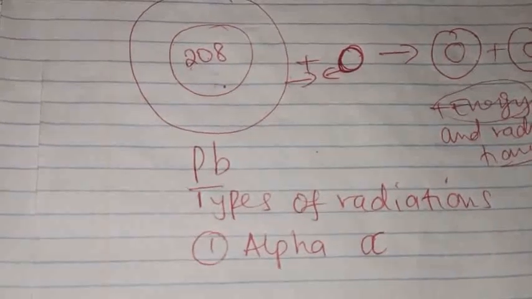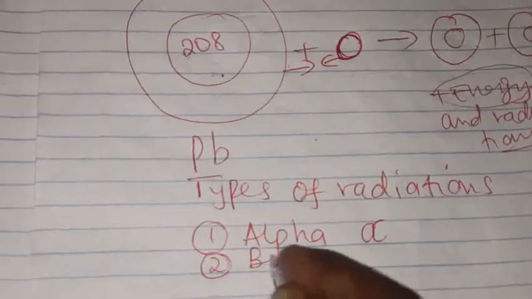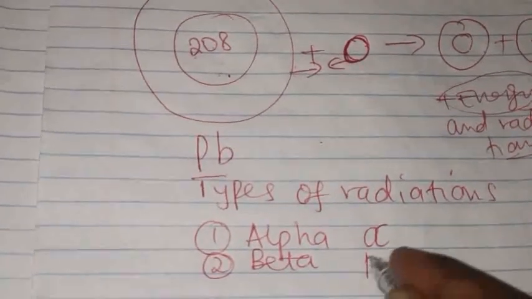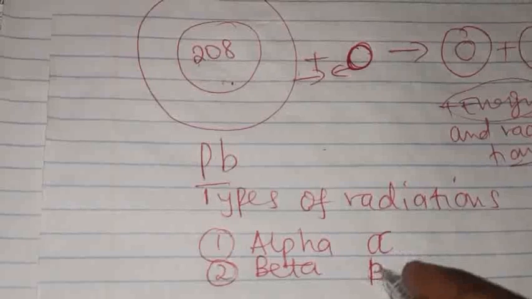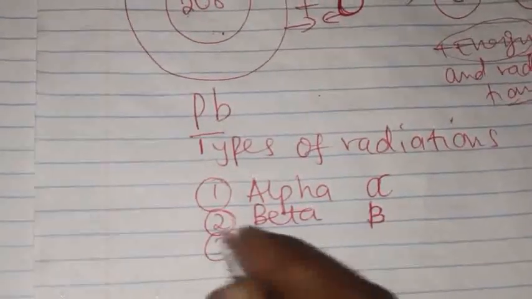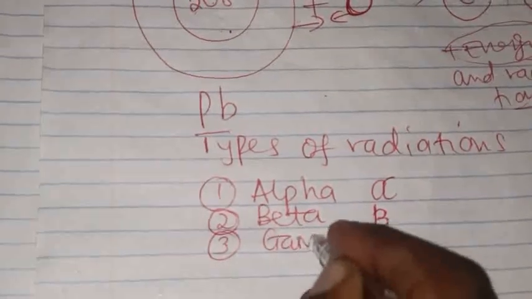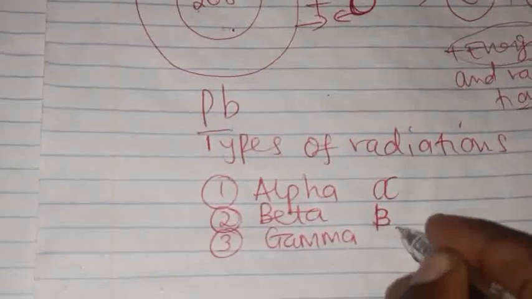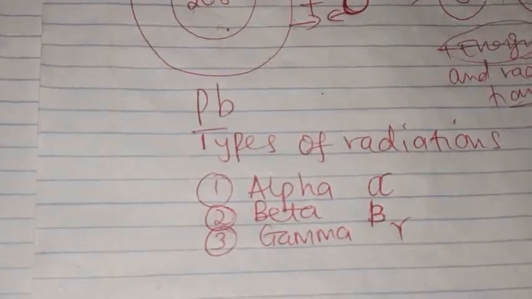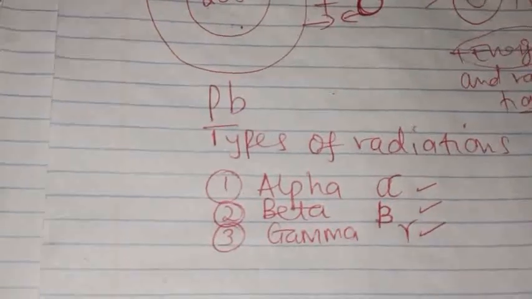The second radiation is called a beta particle, symbolized as this. And the third radiation that gets produced during this radioactivity is called a gamma radiation. And its symbol is that. So we have an alpha particle, a beta particle, and a gamma emission.